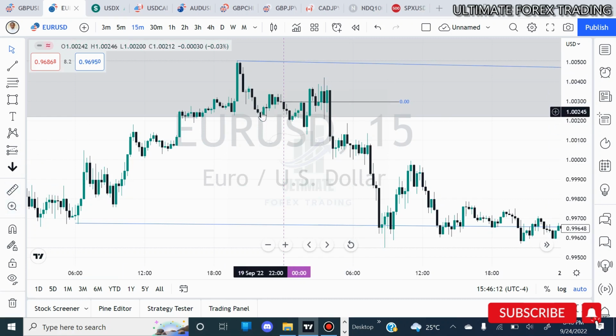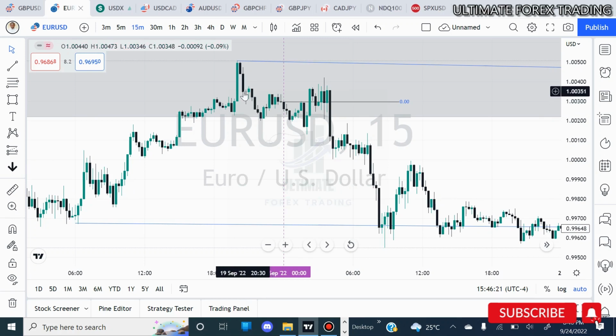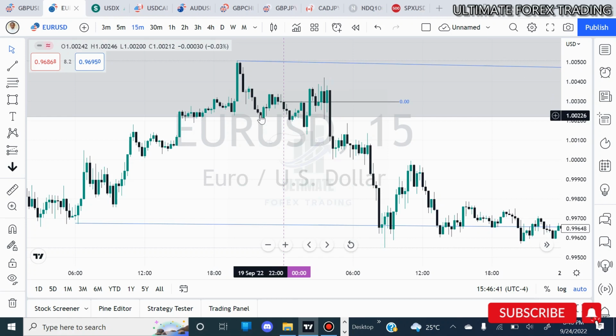So this is our 8 p.m. Eastern Standard Time. We have a good retracement here, and price started consolidating at exactly 10 p.m. So we have price accumulating orders from here.